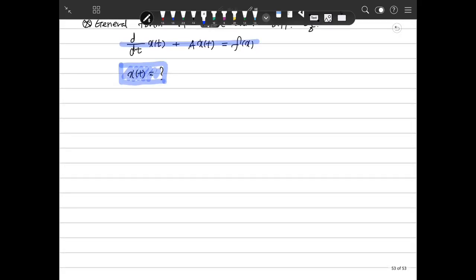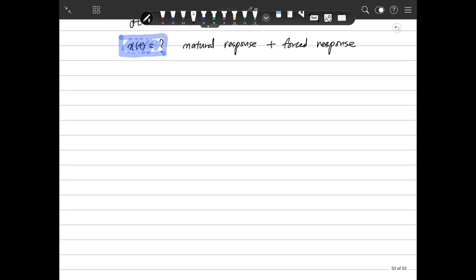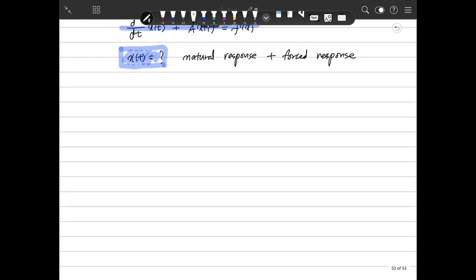We already know that x(t) is the natural response plus the forced response. So first we will get the natural response.